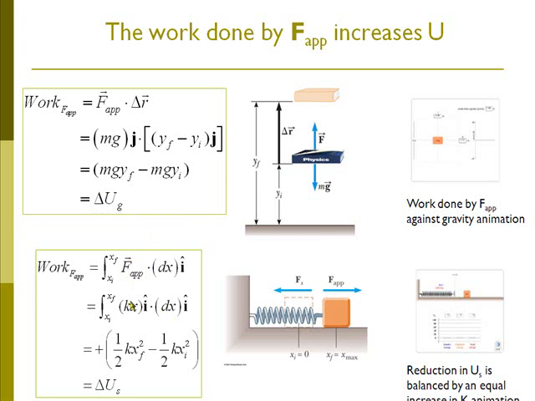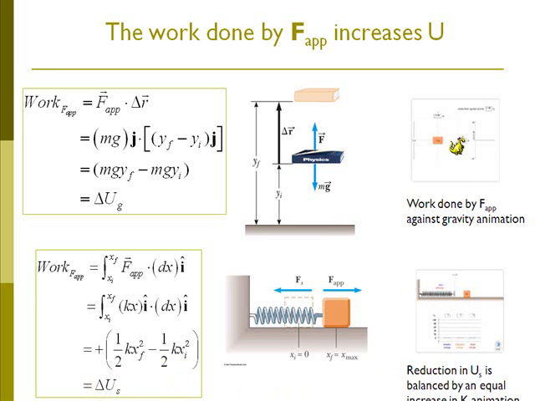The applied force, kx, in the i-hat direction multiplied by the displacement dx, also in the i-hat direction, yields 1/2 k x final squared minus 1/2 k x initial squared, resulting again in a positive increase of potential energy.